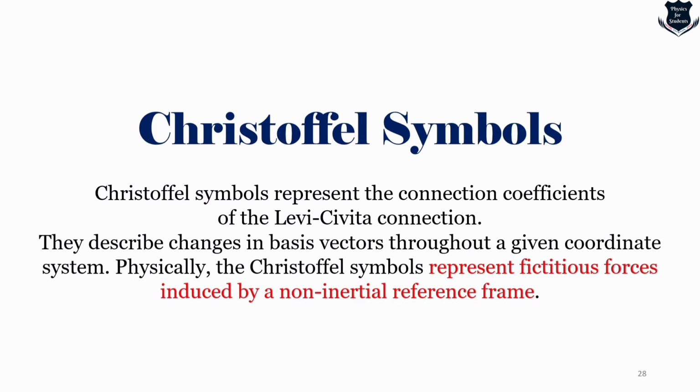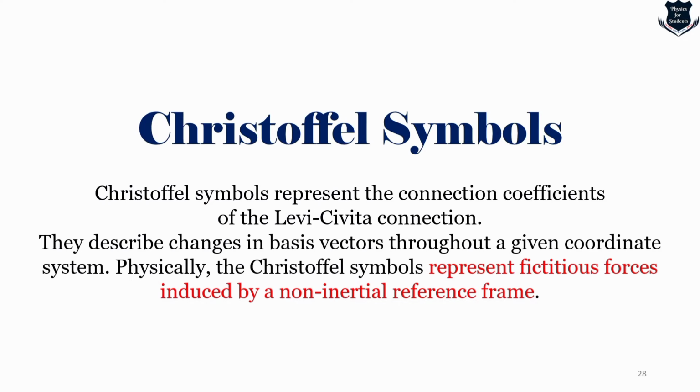It does in a different way. So Christoffel symbols represent the connection coefficients of the Levi-Civita connection. Don't worry, I'm coming to that. And they describe a change in the basis vectors through a given coordinate. And it represents the fictitious forces induced by a non-inertial frame of reference, a non-inertial frame which is moving.